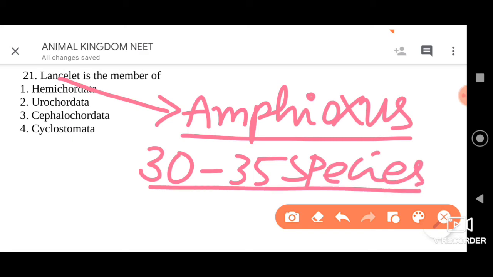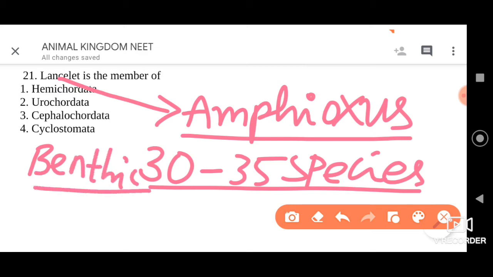They are benthic fish-like animals, or primitive chordates. That means they are not considered as the higher chordates. Many chordate characteristics are not completely present in lancelet, but still we consider them as primitive chordates.